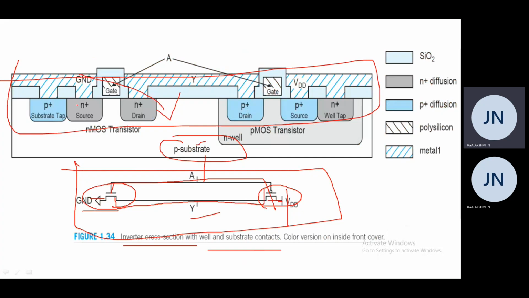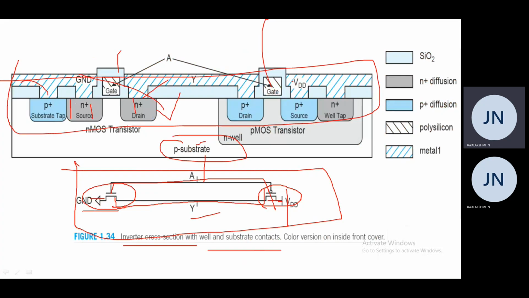Here you can see the diffusion regions. This is the N plus source and N plus drain. Here also there is the P plus drain and P plus source. The N well region is formed for the PMOS transistor. Here you can see there are three terminals: the source terminal, gate terminal, and drain terminal.